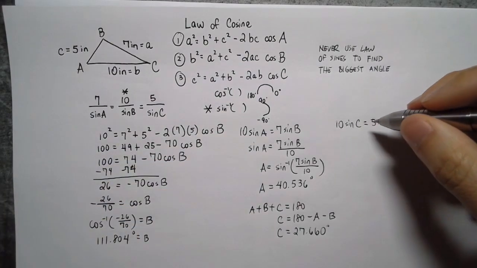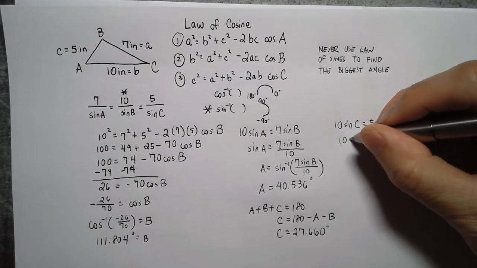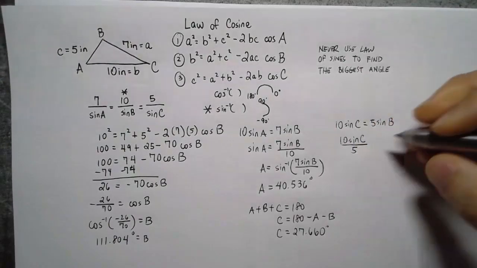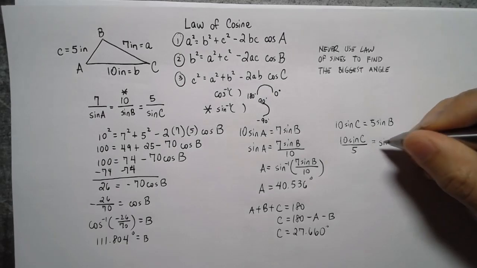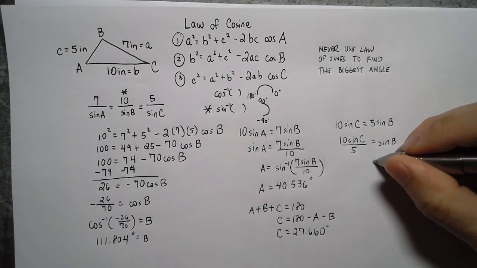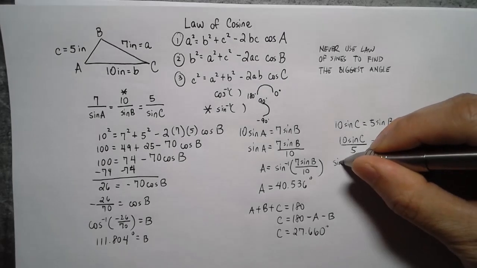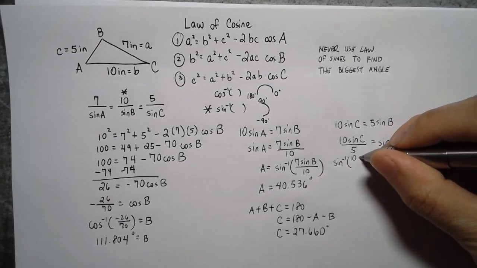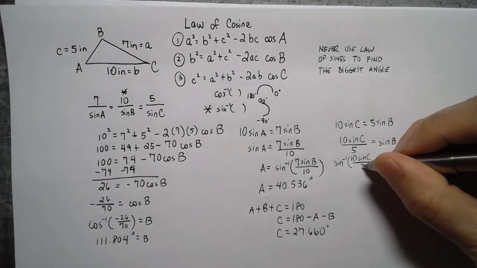So 10 sine of C equals 5 sine of B. Therefore I divide by 5 on both sides. 10 sine of C divided by 5 equals sine of angle B. And there's only one more step left to get angle B by itself. I'll put arc sine of 10 sine angle C over 5.